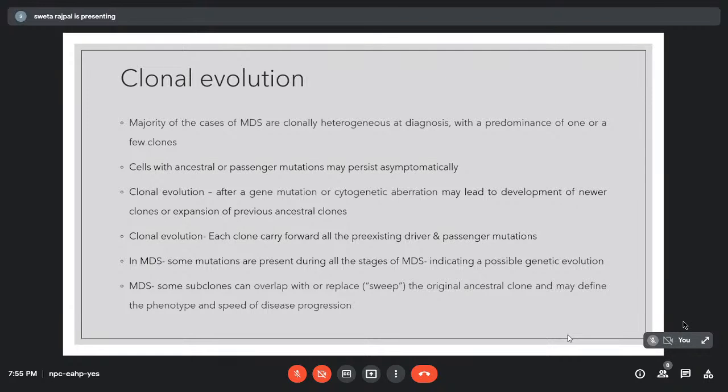Each clone carries forward all the pre-existing driver or passenger mutations, and that leads to clonal evolution. Sometimes one clone can overlap with or totally replace the original ancestral clone, and that can lead to disease progression and also determines the phenotype of the disease.